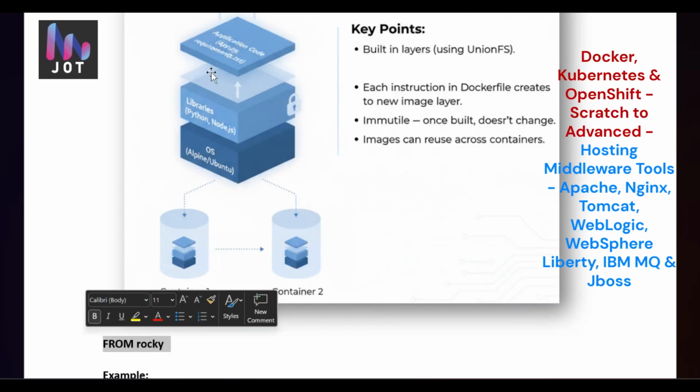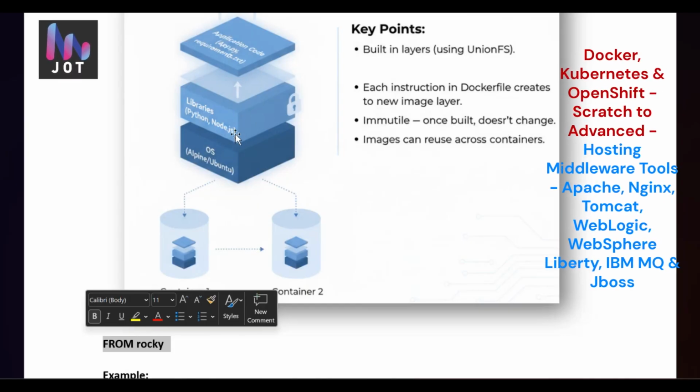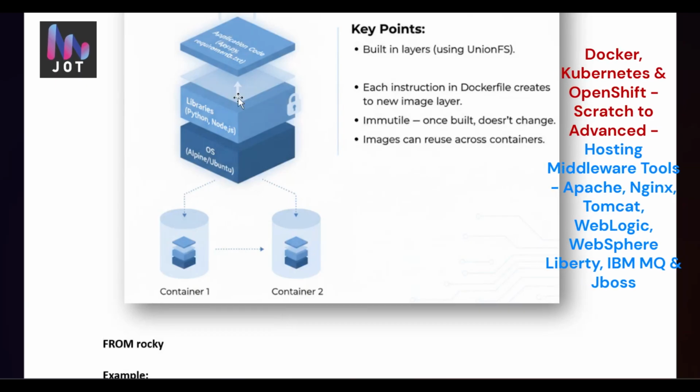This becomes the base image on top of which you can create multiple layers. This image is immutable, meaning once you build the image, it does not change unless you manually change it. Images are reused to create multiple containers. I have created one Nginx image that runs on Alpine or Ubuntu, and I have also copied my application code into that image.